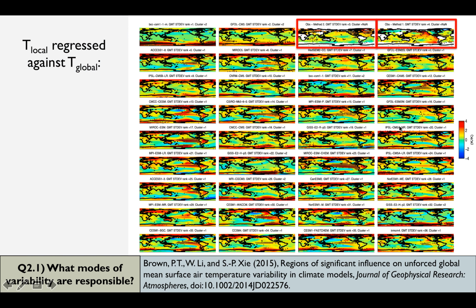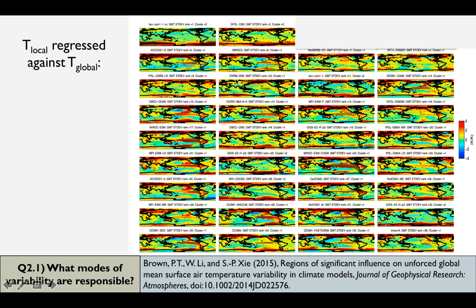if you had to make a call. And so then we can also look at what the models say. You can see that from model to model there's a lot of differences. But one thing that we tried to do in this paper is identify what we called regions of significant influence, and those are stippled in the individual models here.